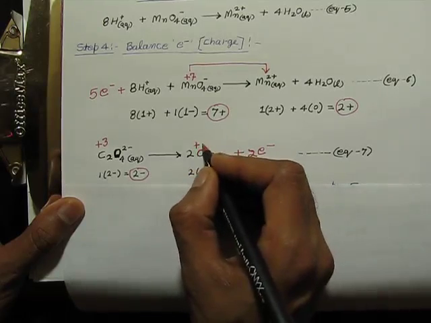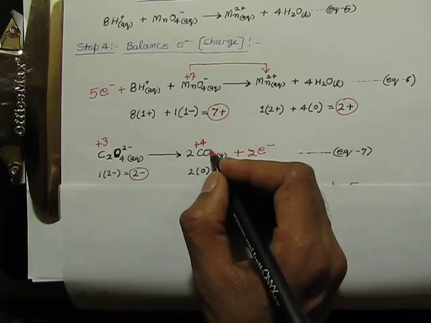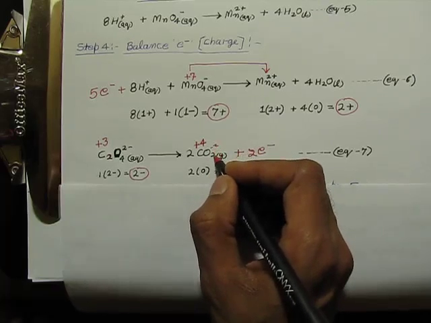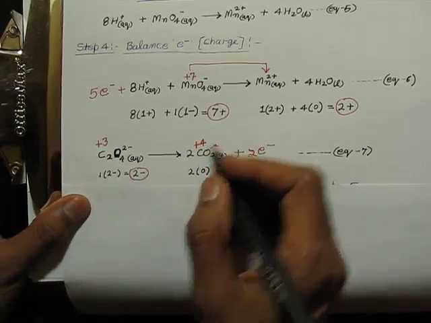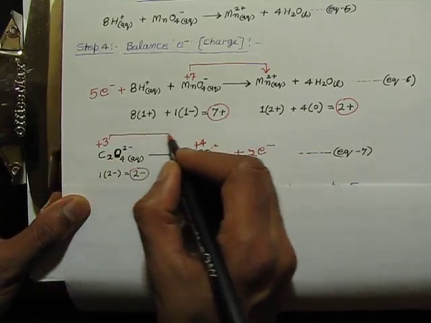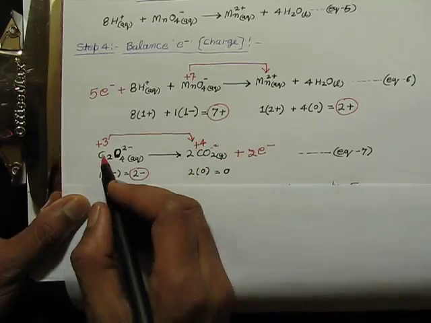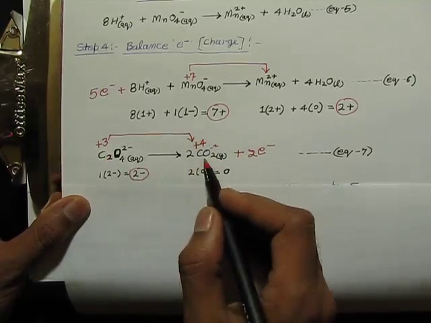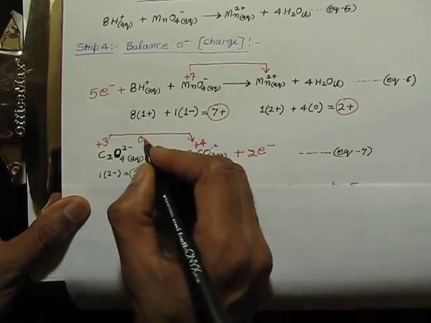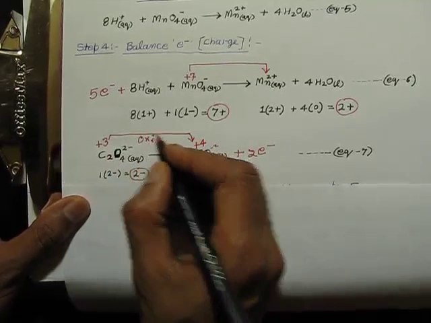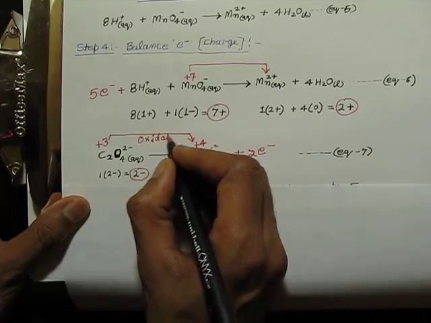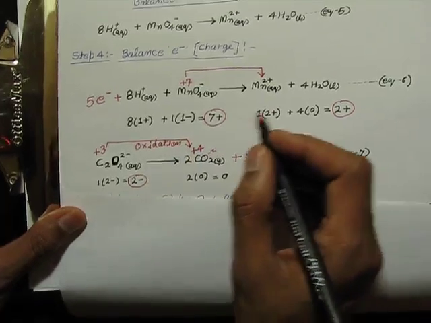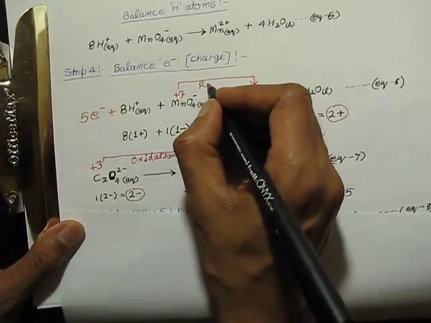It will be +4, because 1 oxygen has minus 2 and 2 oxygen means minus 4. To balance, this will be +4. So you can see the oxidation state for carbon is increasing, so oxidation happens here. This is our oxidation reaction, and the upper reaction was the reduction reaction.